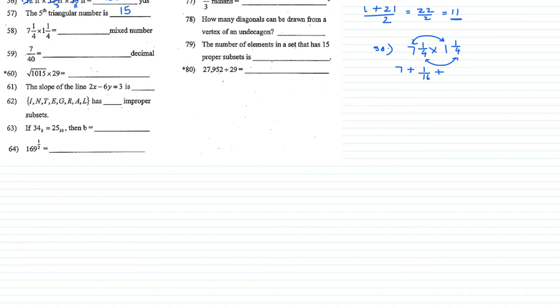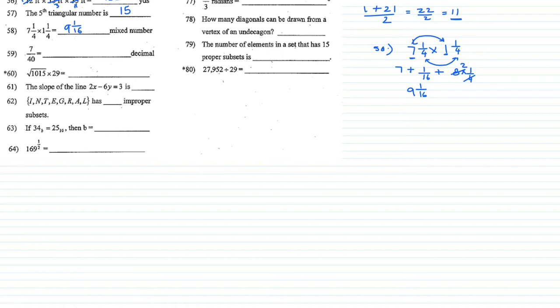And then the third step is add the whole numbers, 7 plus 1 in this case, that's 8, and multiply it with one of the fractions, in this case, since both of them are identical. So 8 times 1 by 4. So that's equal to 2, and now we will add these three numbers. So 7 plus 2 is 9, and then we just add 1/16 to it. So the answer to this in mixed number format will be 9 1 over 16.